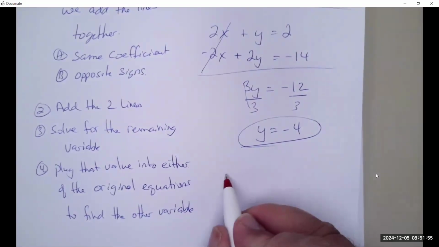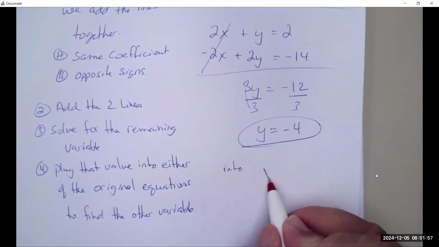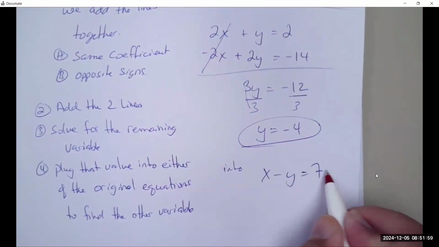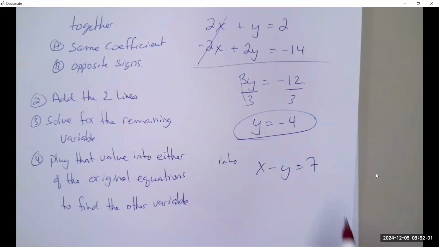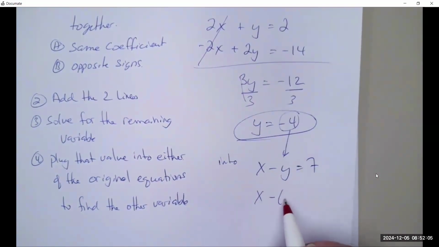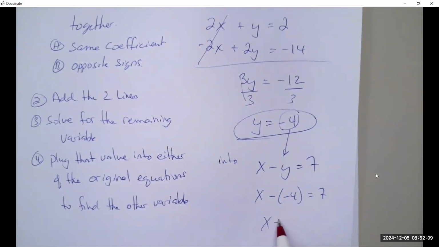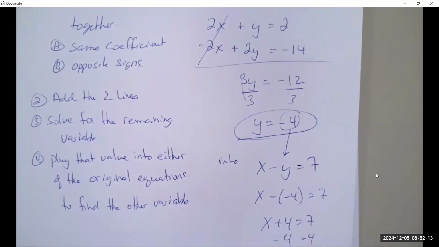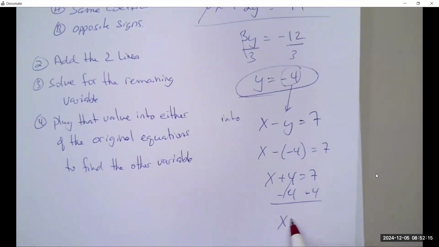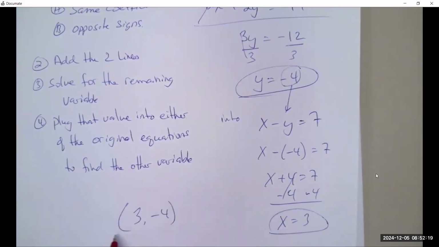So I'll plug this one into x minus y equals 7. Anywhere I see a y, I put a -4, so it's x minus -4. So it's x plus 4 equals 7. Subtract 4. X equals 3. So my solution is 3, -4.